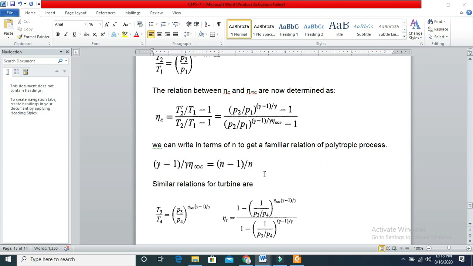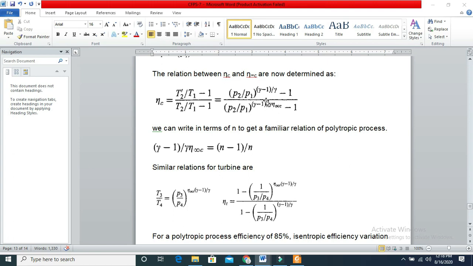For simplicity, the exponent used along with the actual static pressure, we can write n minus 1 over n. So instead of using gamma eta infinity c, we can write n, and similarly instead of using gamma, we can write n.